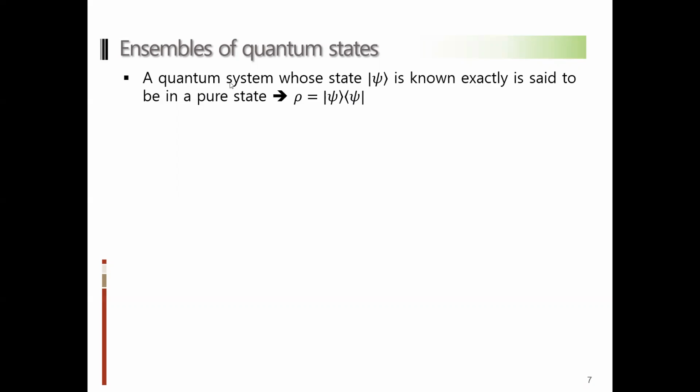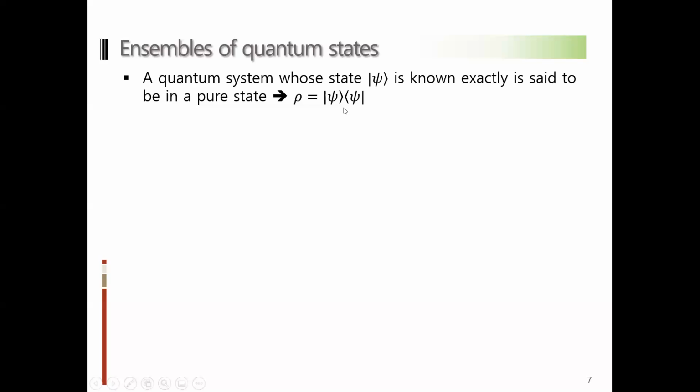But that's not true. If you have just one pure state, all you have to do is write down the density matrix as the outer product of the same vector. So the density matrix can describe both the pure state and the mixed state.